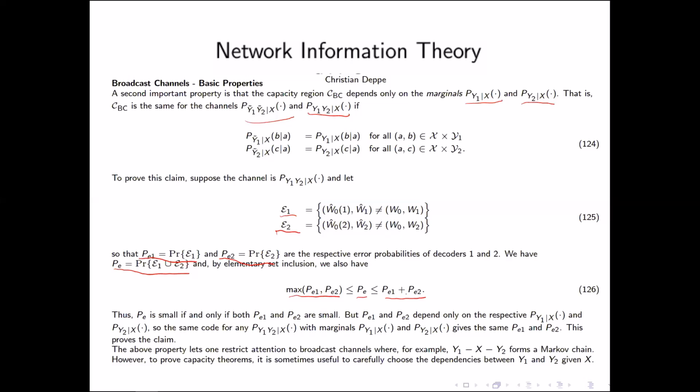So if the marginals are the same, then we get the same broadcast channel. And that's the proof of the theorem. Because of this theorem, we can restrict our attention to broadcast channels where we have a Markov chain Y1, X, and Y2. But you will see in our proofs that sometimes we do not make this restriction, because it's sometimes useful to have some dependencies.